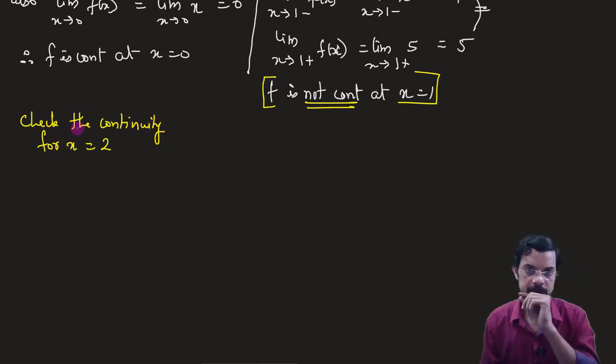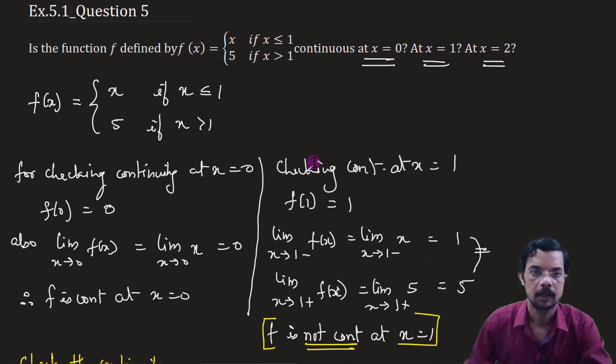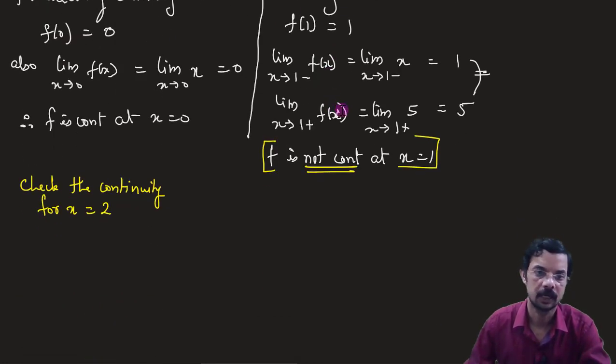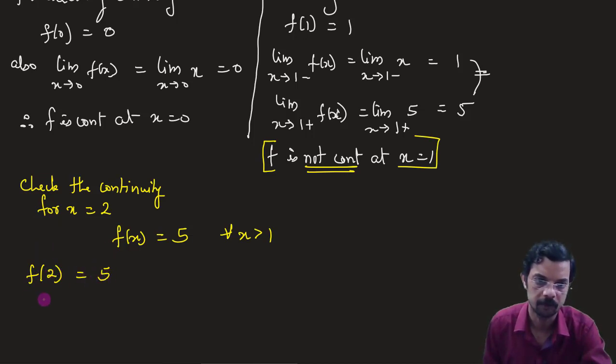Okay, here you should remember that the function was defined such that x equal to 2 means it will be greater than 1. So it is defined as 5 in any way. Here f of x is equal to 5 for all x greater than 1. We know that. Okay, so what is f of 2? f of 2 will be equal to 5.